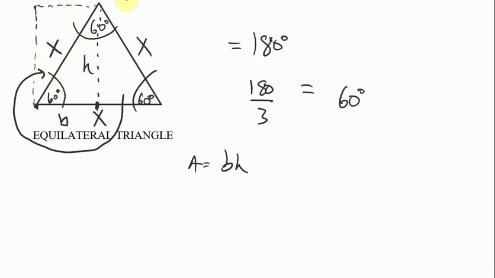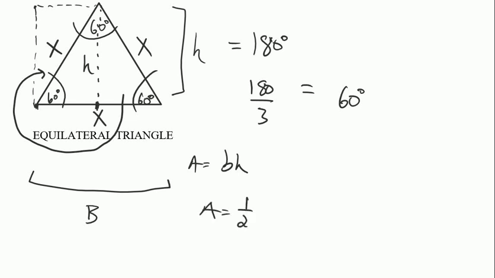Another way to do this would be just to take this entire bottom area here, call this big B, and this h, still little h, and then say area equals 1/2 base times height, which is the usual form of the area equation for a triangle.